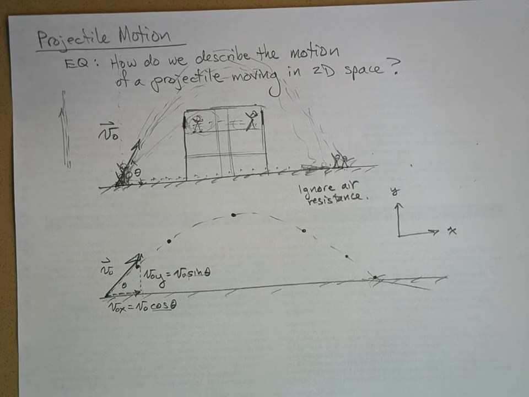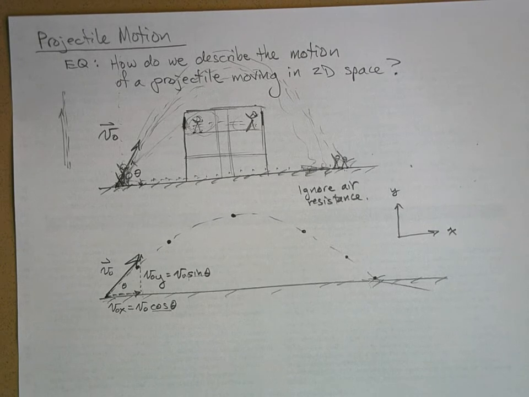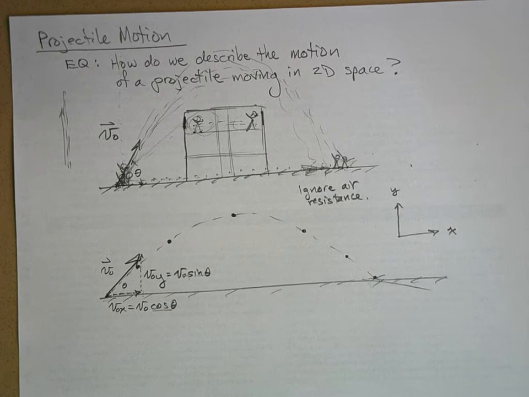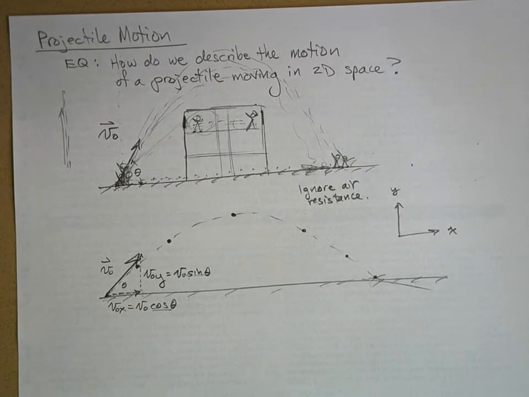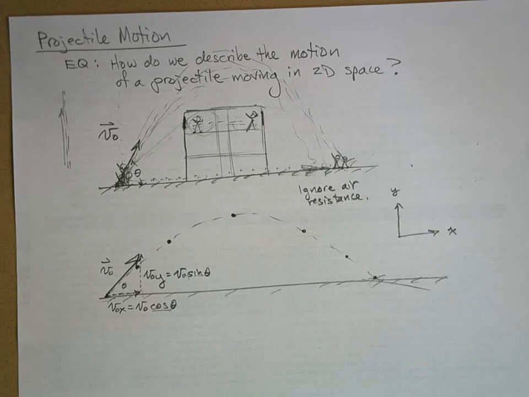That is junior, senior level mechanical or aeronautical engineering, and we must walk before we can run. So we are going to make the simplifying assumption that air resistance is negligible. And for slow speeds, it is negligible.